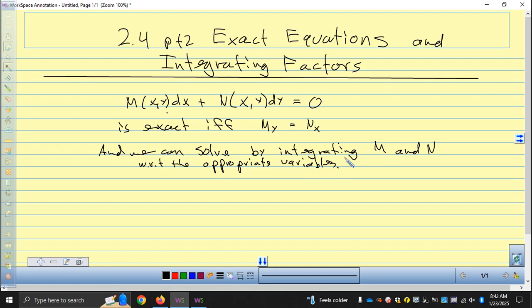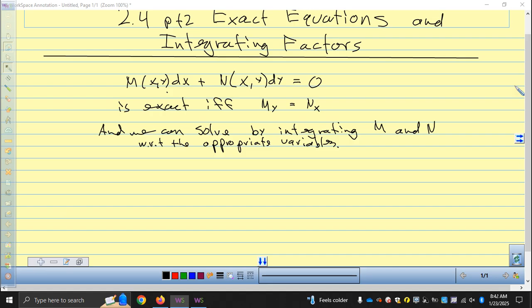Well, we saw the first example we talked about yesterday. These partials were not equal. And I said we don't know how to solve that one yet. So we're going to talk about what we do in that case, or what sometimes we can do.